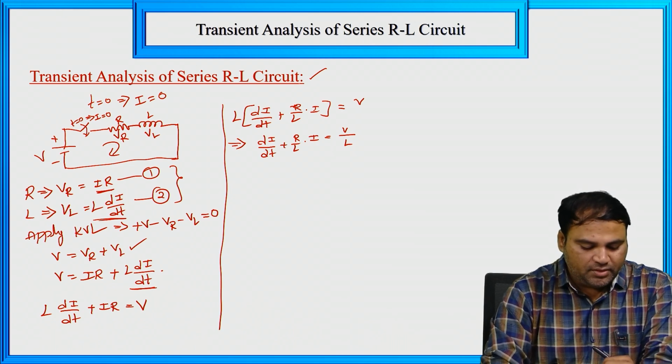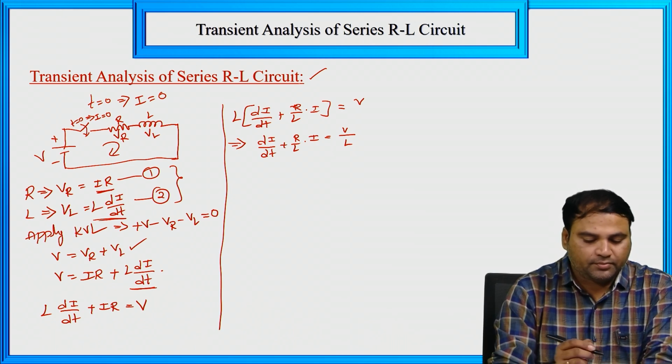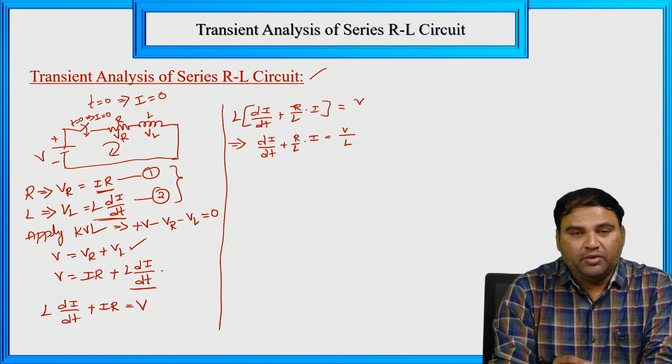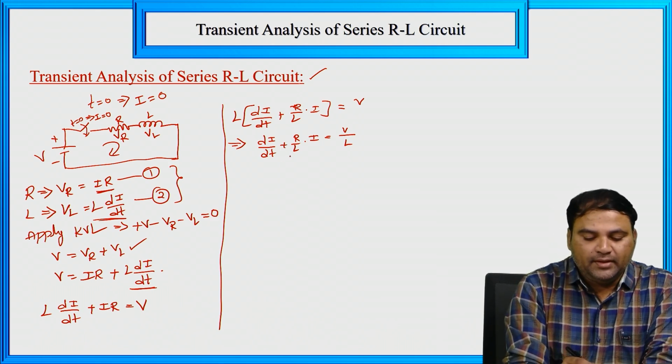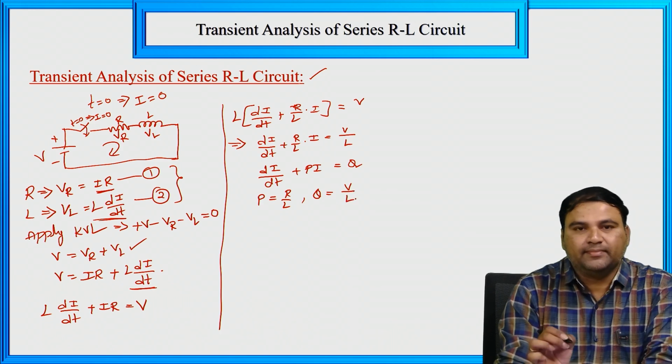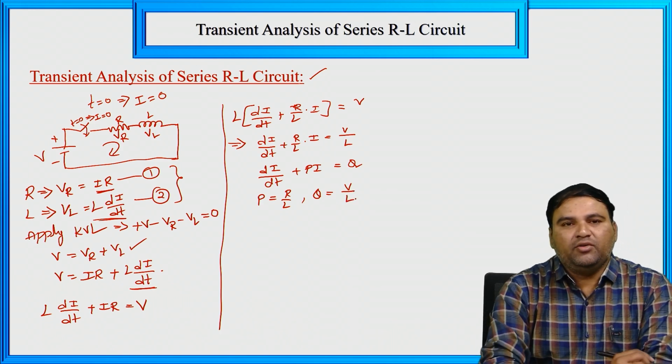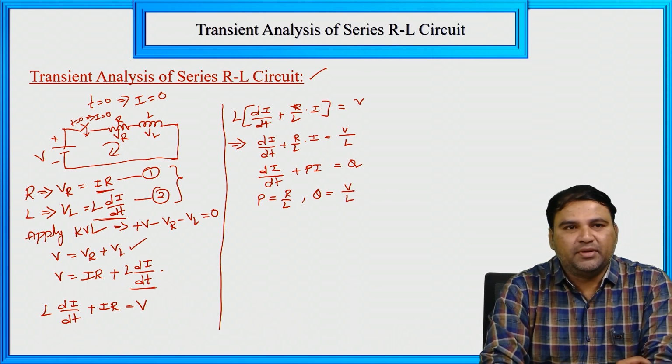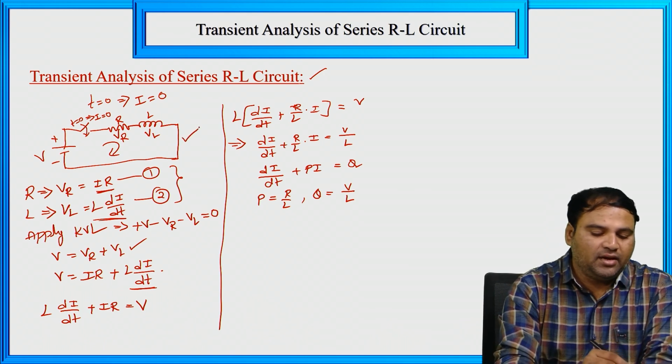Now this equation looks like di by dt plus P I equal to Q, where P equal to R by L and Q equal to V by L. Now we have to calculate the current response of the given series RL circuit.